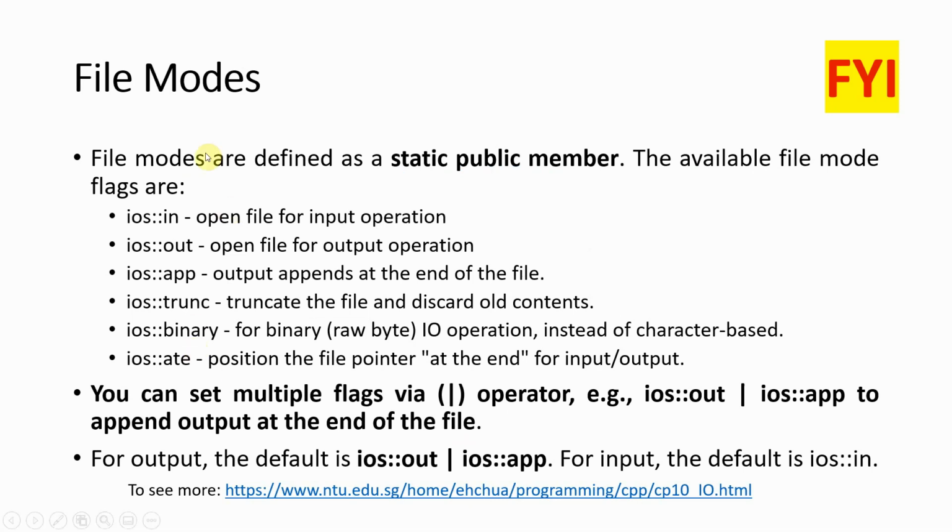The file modes that I already mentioned are in, out, and append. There are other modes that we can use, but this is only for your information. We're not going to cover that. We can combine different modes together using a bar symbol, but we don't need to worry about that.